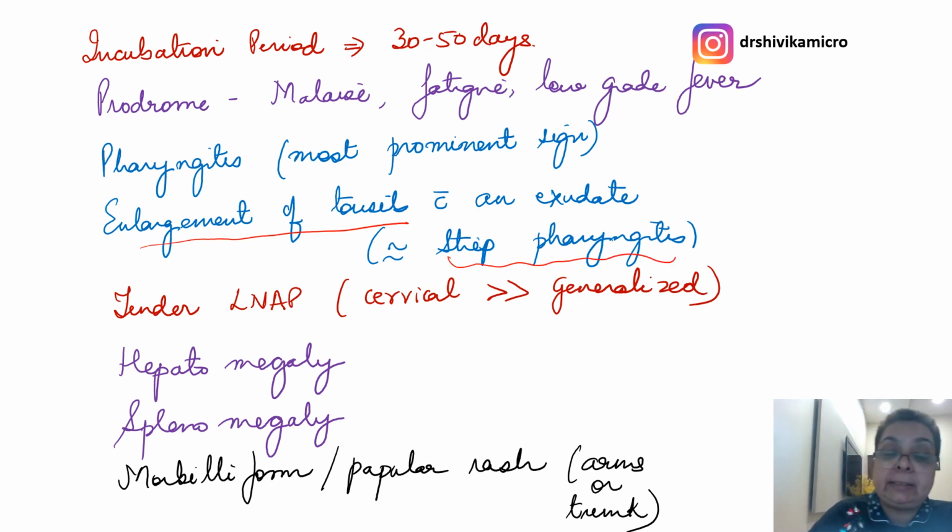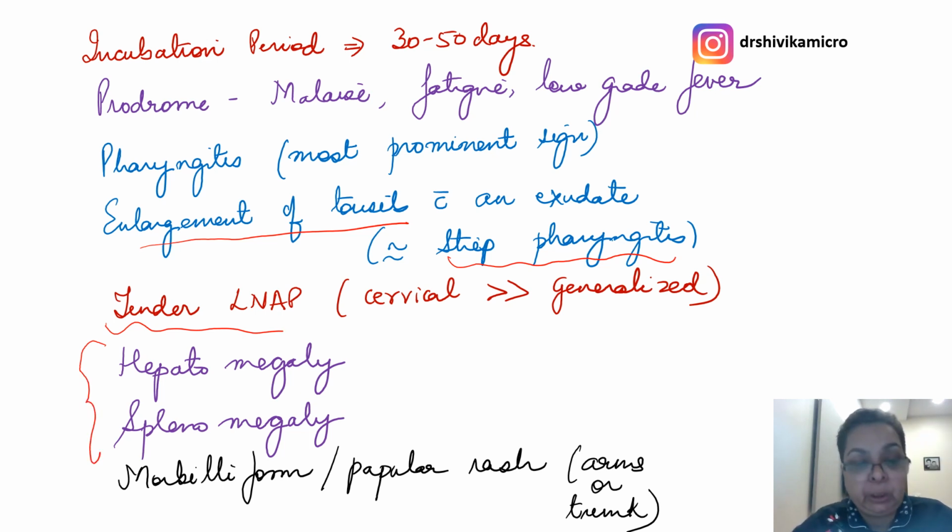Along with that, there is tender lymphadenopathy. Usually we see bilateral cervical lymphadenopathy. Sometimes it can be manifested as generalized lymphadenopathy. Along with this lymphadenopathy, there is hepatomegaly as well as splenomegaly.